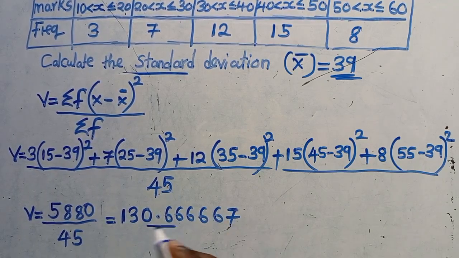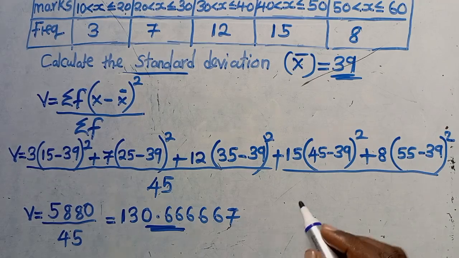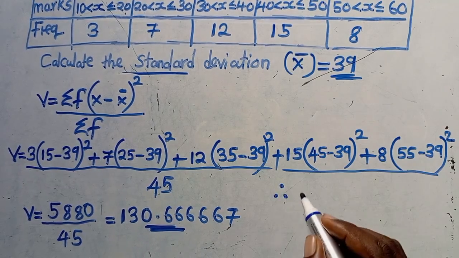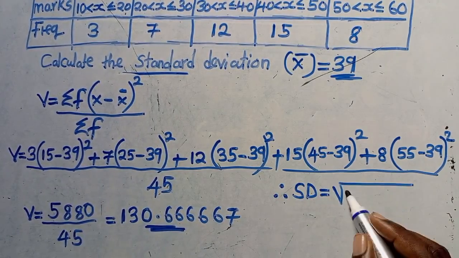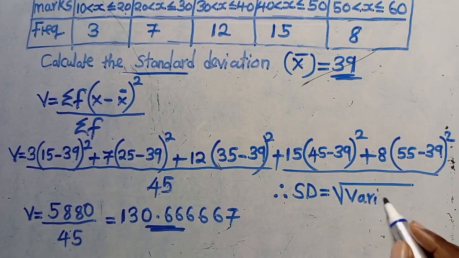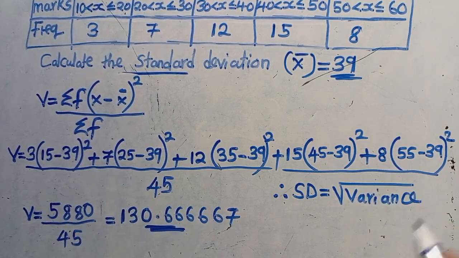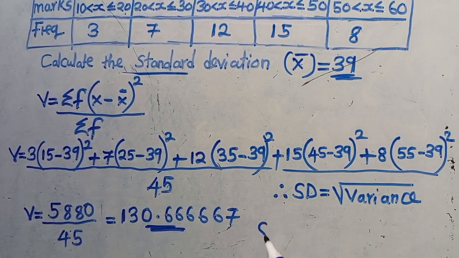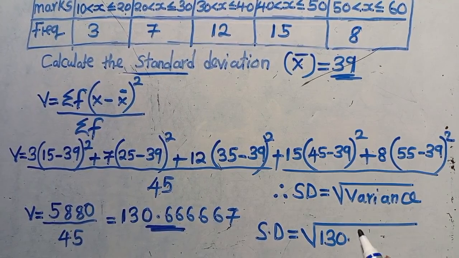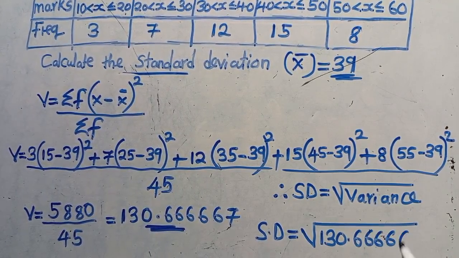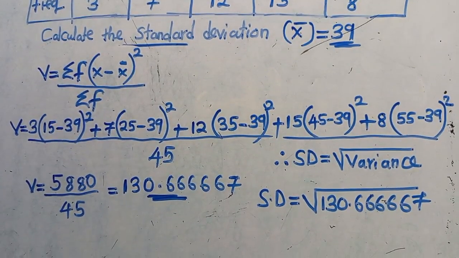So this is my variance. After finding the variance, you say, therefore, standard deviation is equal to the square root of the variance. This is another formula. So standard deviation is equal to the square root of 130.66667.